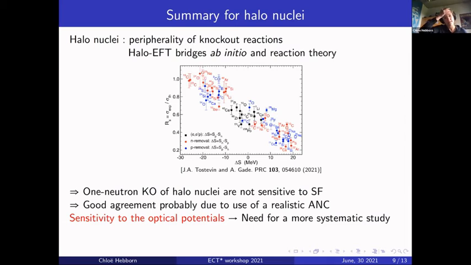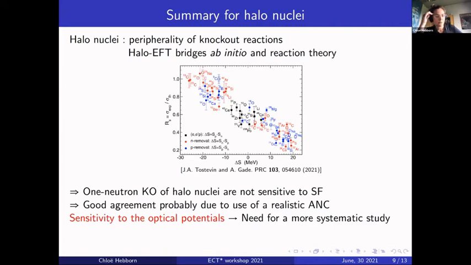And what we've seen is that these reactions are not sensitive to the spectroscopic factor, but are mainly sensitive to the ANC. So our analysis indicates that the good agreement observed for these nuclei is probably due to the use of a realistic ANC in the analysis.